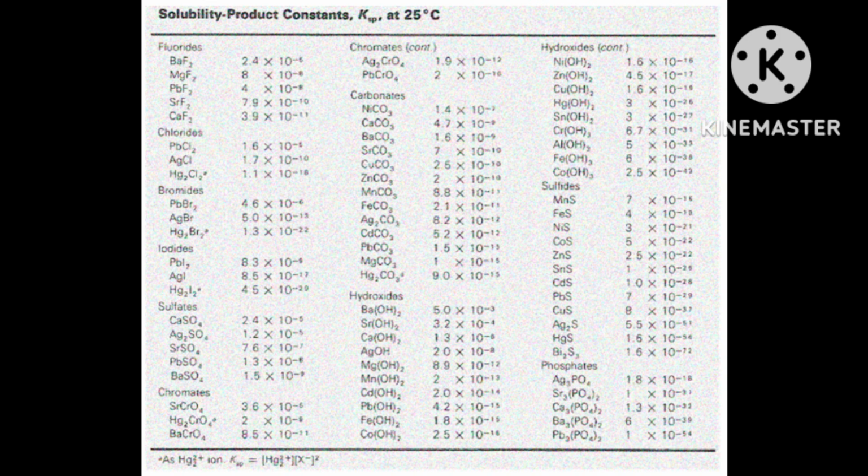This is the S2 value for nickel hydroxide, which is more than silver cyanide, because its value was 7.8 into 10 to the power minus 9. This is less than 0.58 into 10 to the power minus 4. Minus 4 is more.